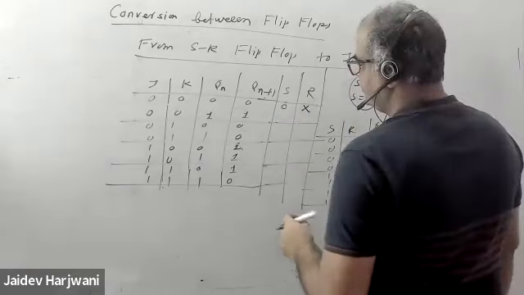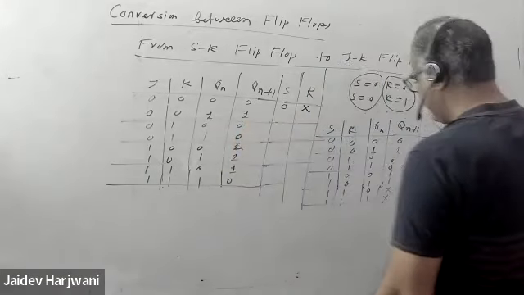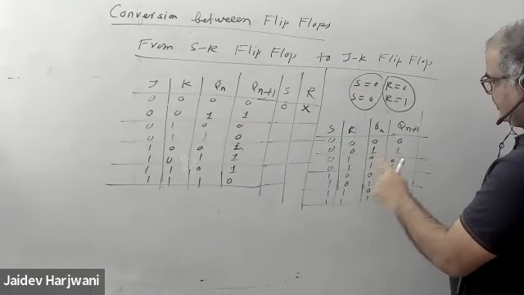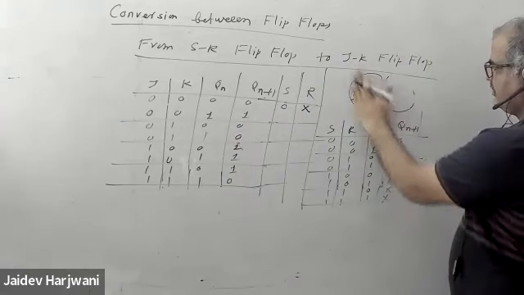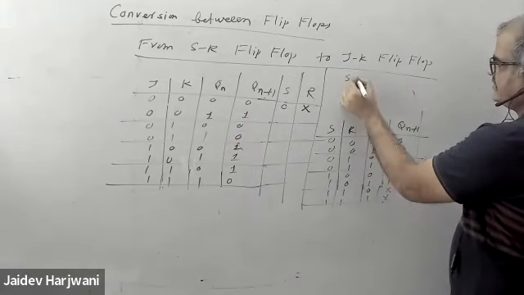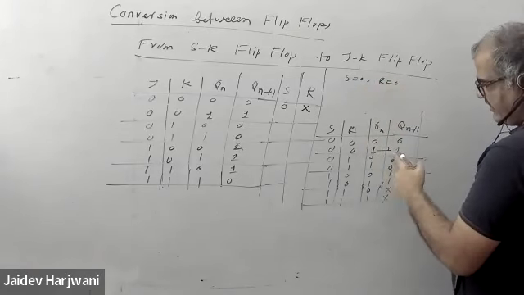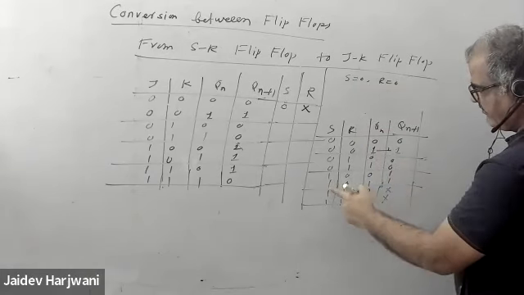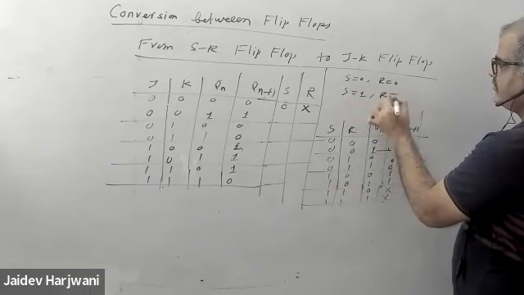Now the next is 1, 1. 1, 1 happens when S is 0, R is 0. It also happens when S is 1, R is 0.